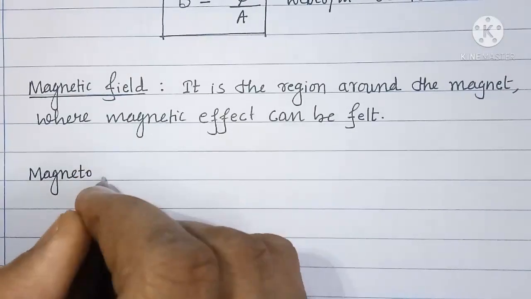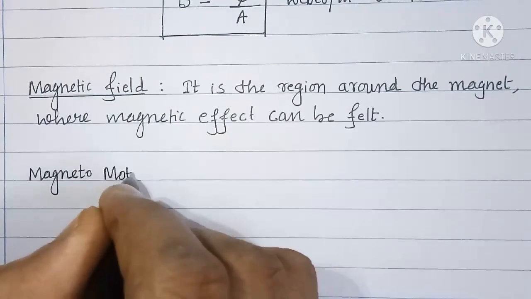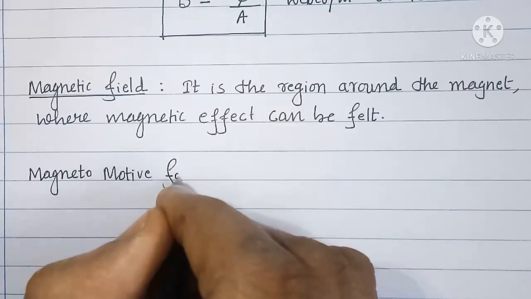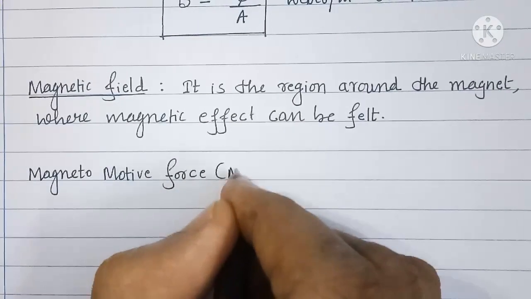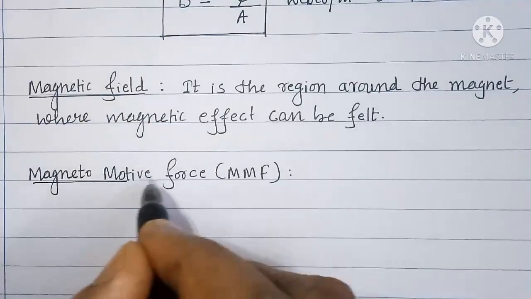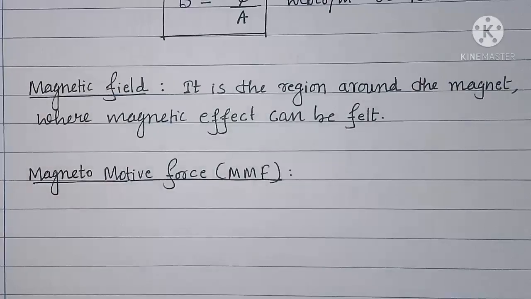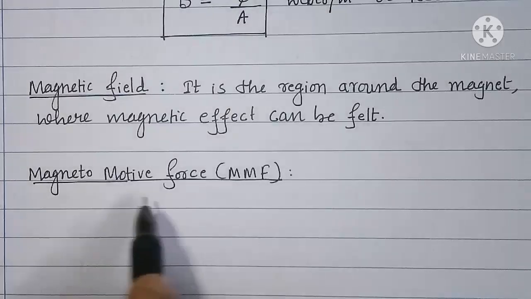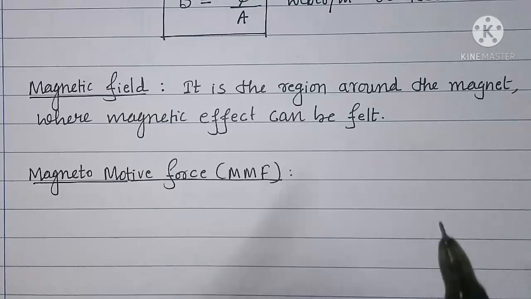Next definition is magnetomotive force or MMF. Like EMF in electric circuits that tends to circulate current, in magnetic circuits, magnetomotive force tends to set up flux. It is very similar to EMF in electric circuits.